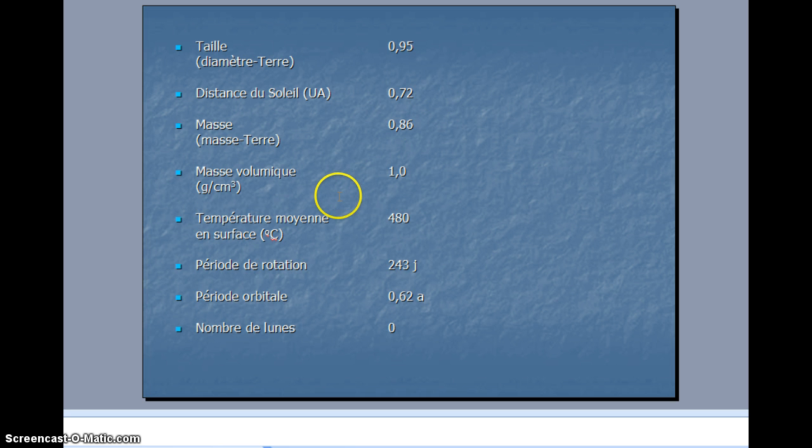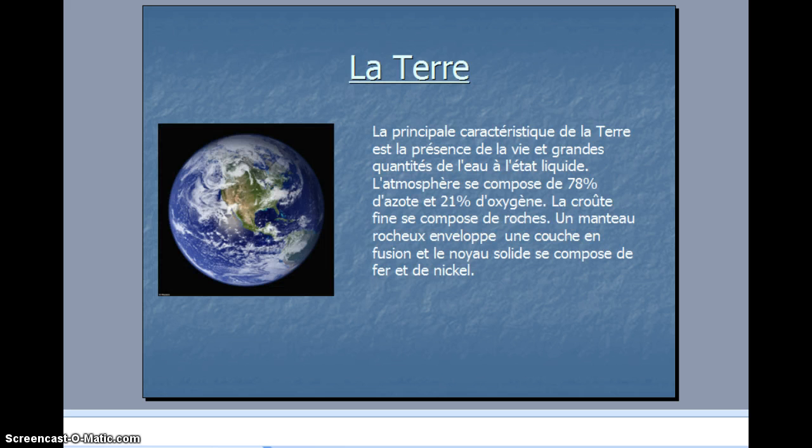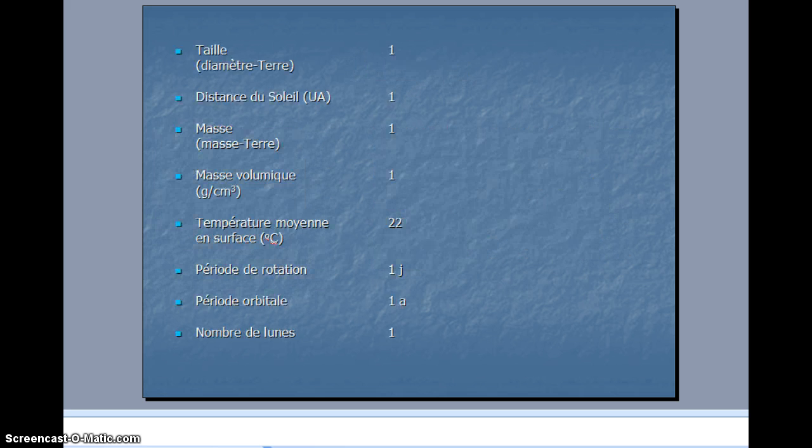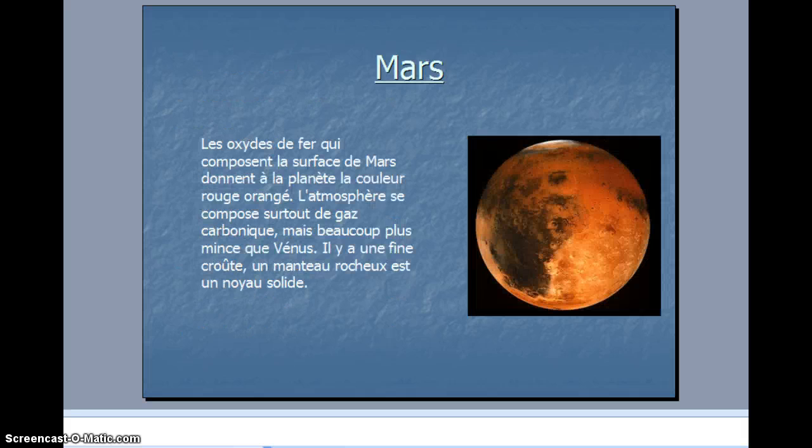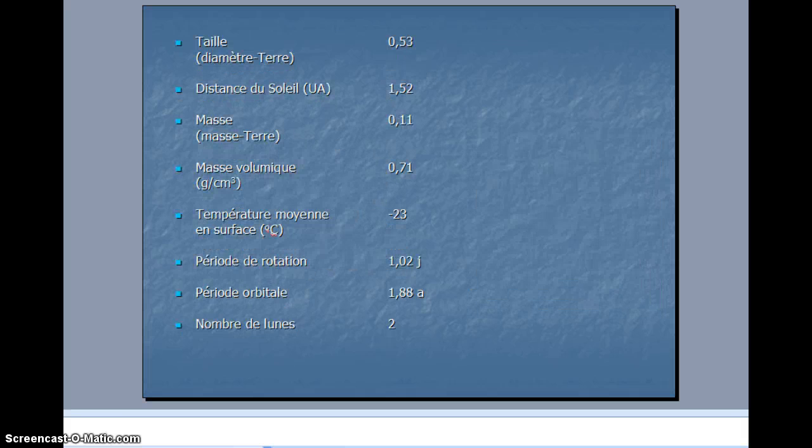Mass is 0.86 that of the Earth, and the average density is around 1. Then the Earth, some characteristics of the Earth, Mars, characteristics of Mars, and so on. You get the idea.